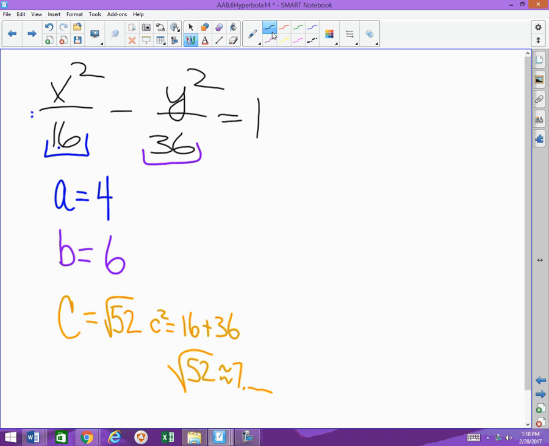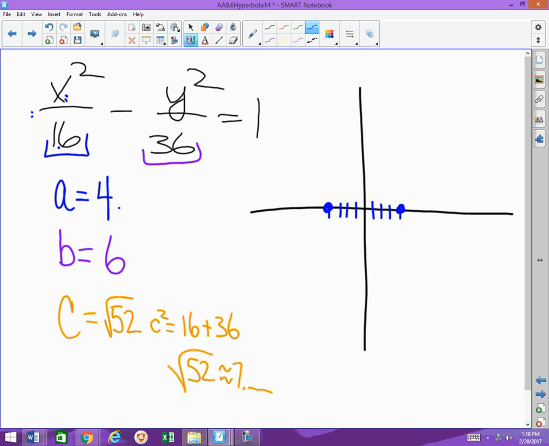So just to start with, we know the center is 0, 0. A is 4, and it is underneath x, so therefore it is 4 to the right and 4 to the left.